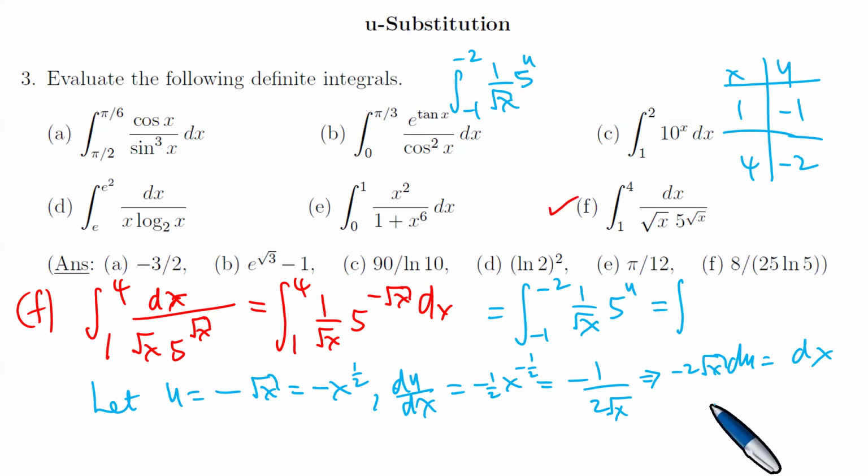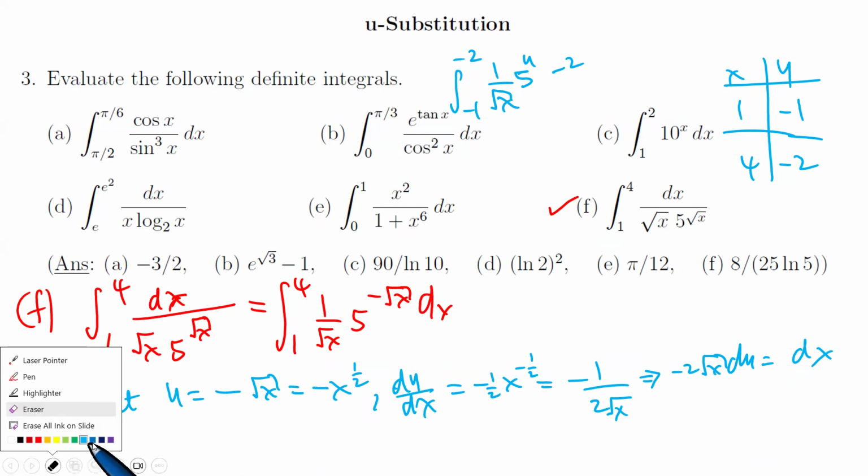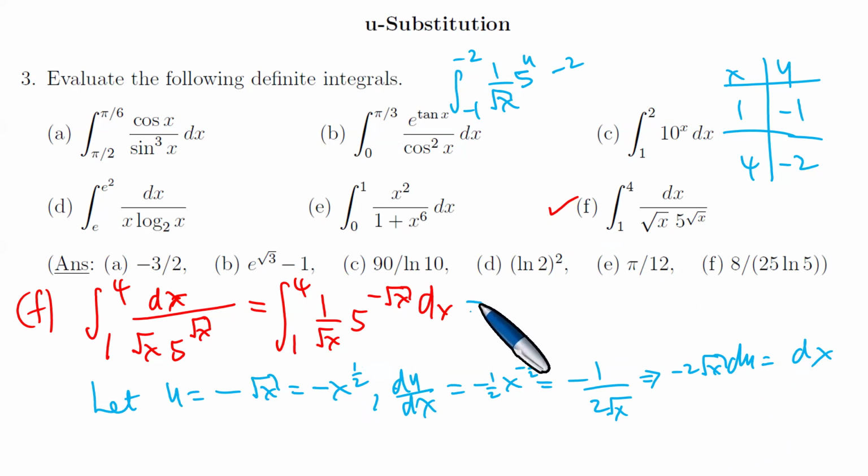Okay, what is dx? Dx is minus 2 square root of x du. In the place of the dx, let me write properly. Okay, so we are right here. And then now, I feel like I need to write this step here. Instead of integrating from 1 to 4, you integrate from minus 1 to minus 2. 5 to the power.